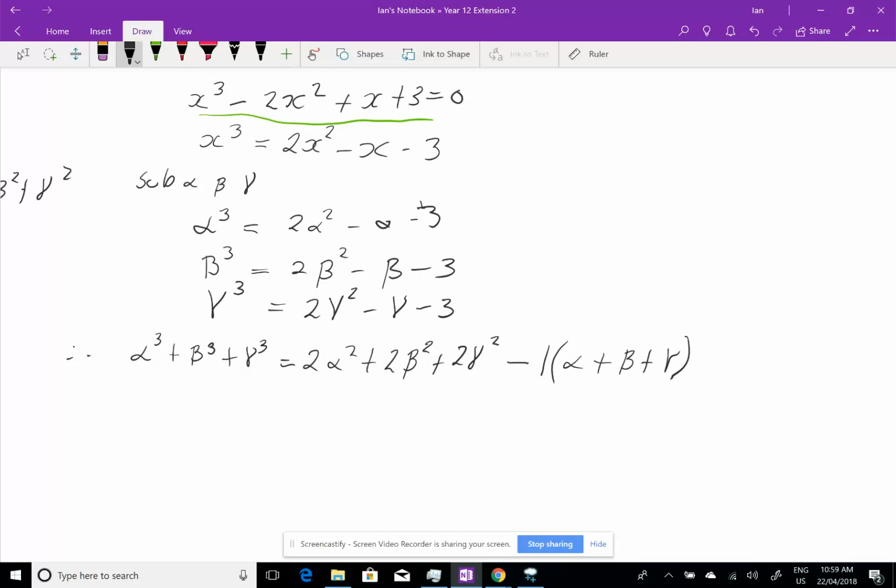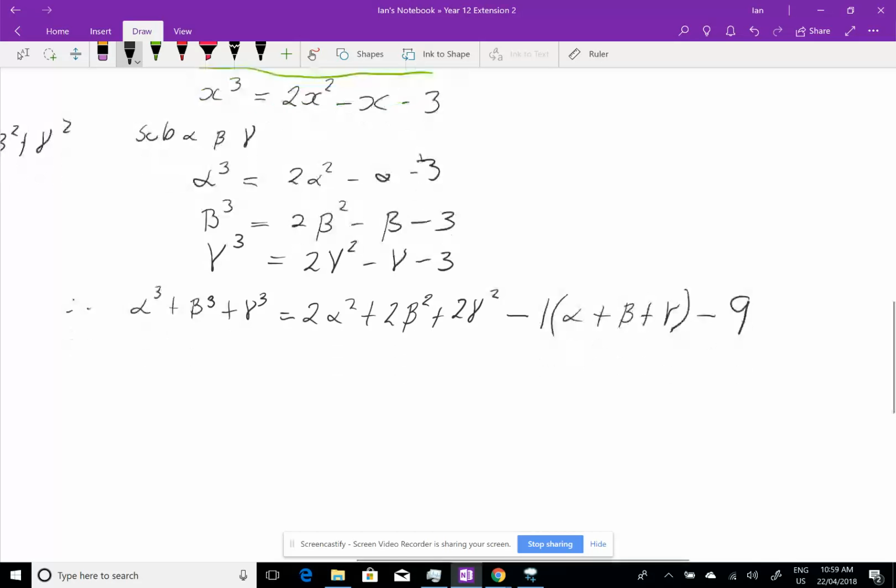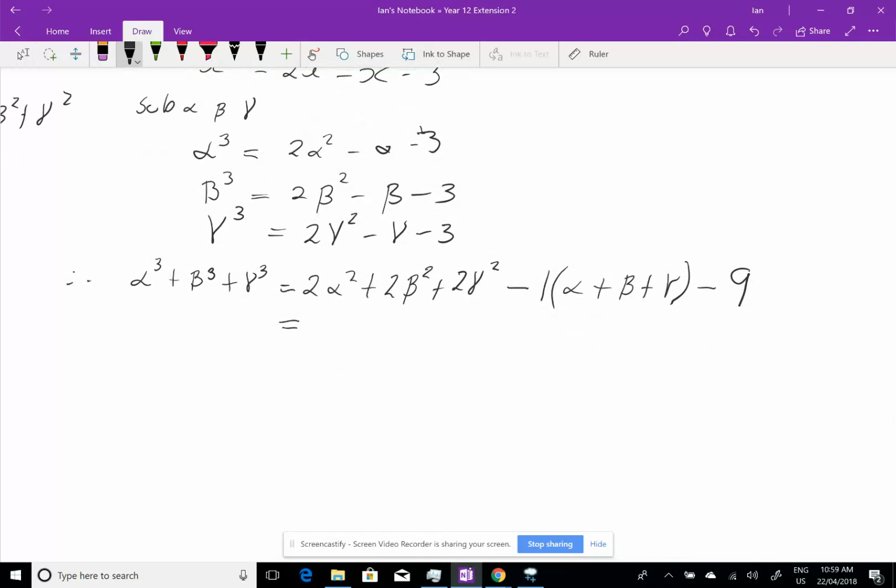If I added them all, I get minus alpha, minus beta, minus gamma, but I'll take the minus 1 out and factorise it. And I'll get minus 3, minus 3, minus 3, minus 9. Let's take the 2 out of that, and I get 2 times (alpha squared plus beta squared plus gamma squared) minus 1 times (alpha plus beta plus gamma) minus 9.